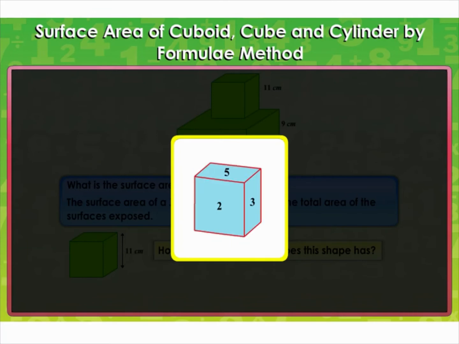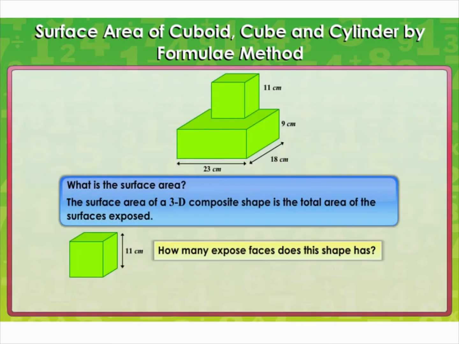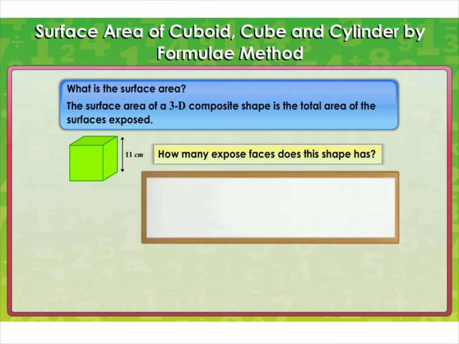Yes, there are 5 exposed surfaces with all edges equal to 11 centimeters. So we multiply 5 with 11 centimeters and multiply by 11 centimeters.